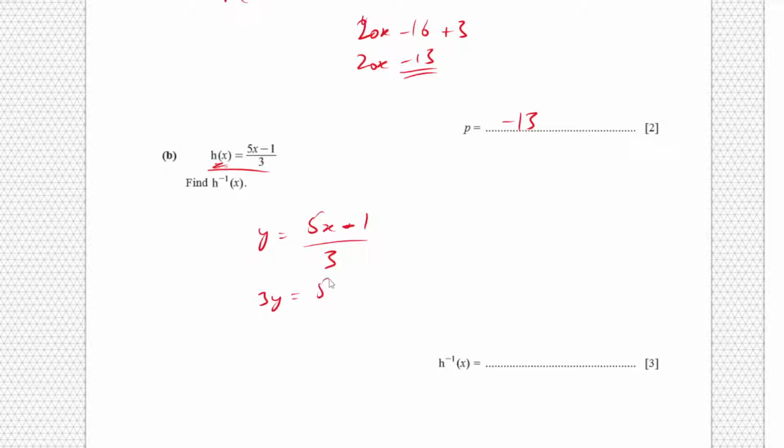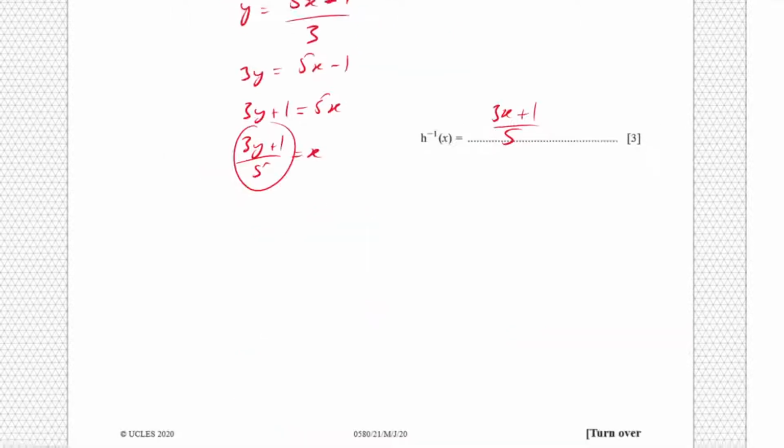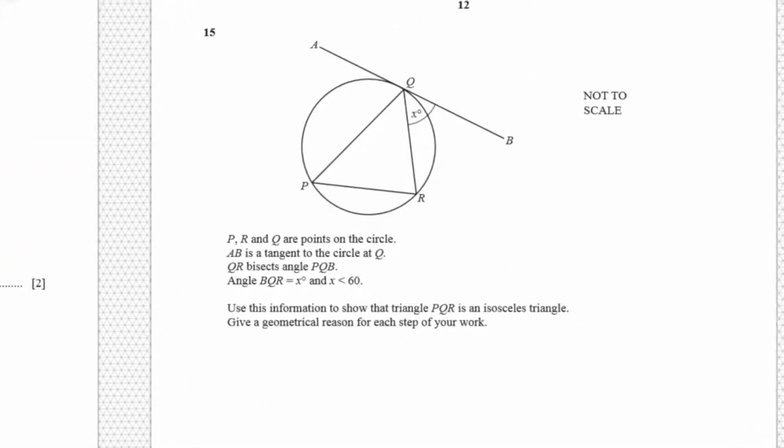That's 3y equals 5x minus 1. 3y plus 1 equals 5x. 3y plus 1 over 5 equals x. Basic algebra. Now you have the inverse. For the final answer, just replace that y with x again. I told you y will be replaced temporarily. So 3x plus 1 over 5. Done with that. Next one.